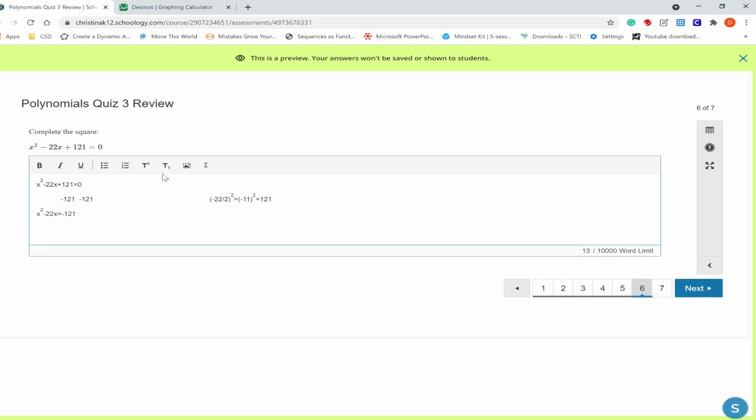So we're going to have x squared minus 22x plus 121 equals 121 minus 121.